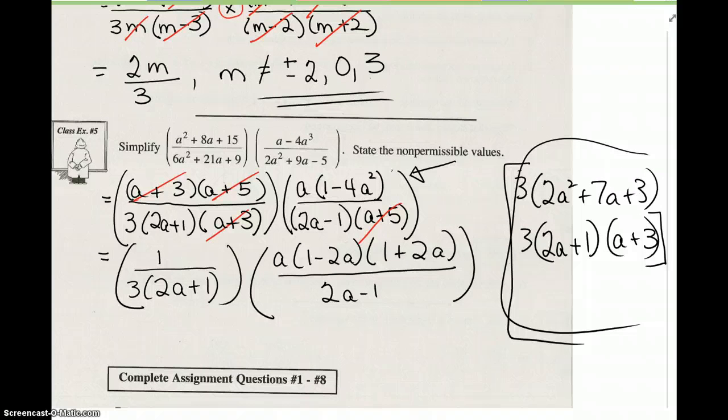I have a 2a plus 1. Well, that's the same as 1 plus 2a, so I can cancel those. And here's the one that I talked about the other day. Notice I have 1 minus 2a, and I have a 2a minus 1.